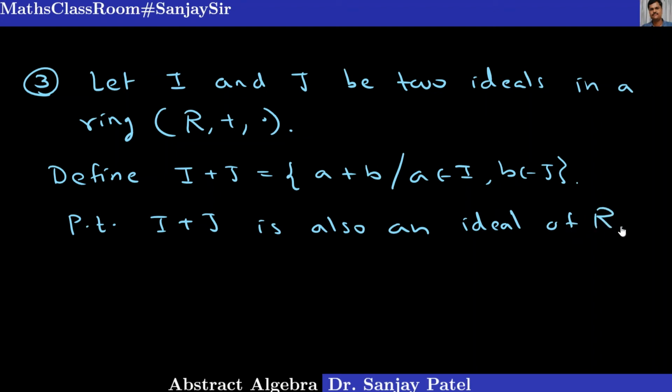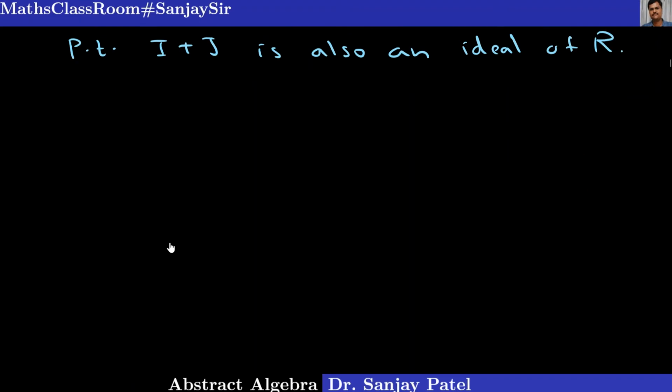Okay. Let us prove. Clearly, I and J are ideals.